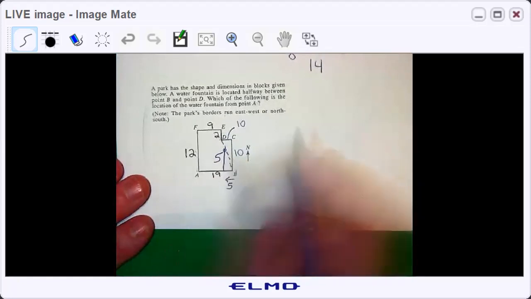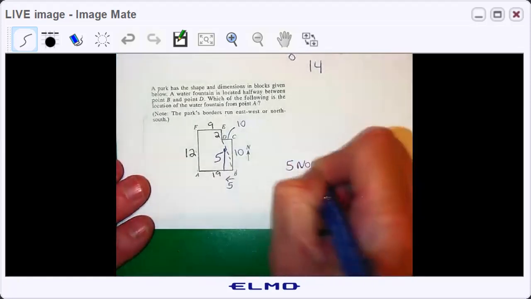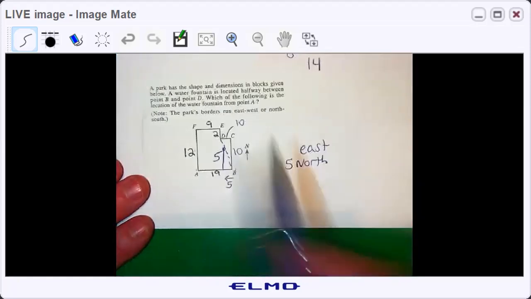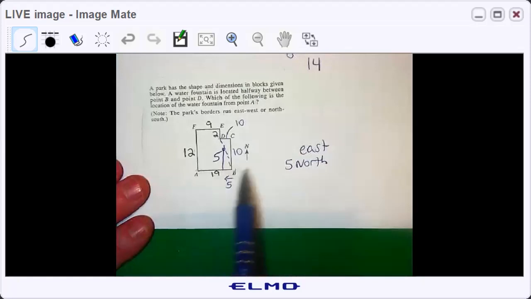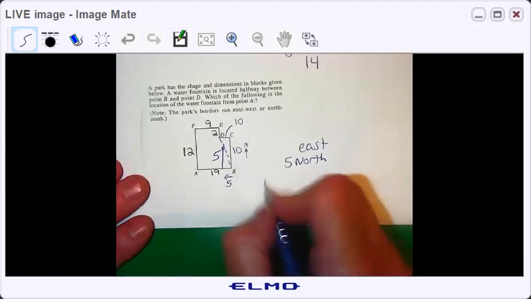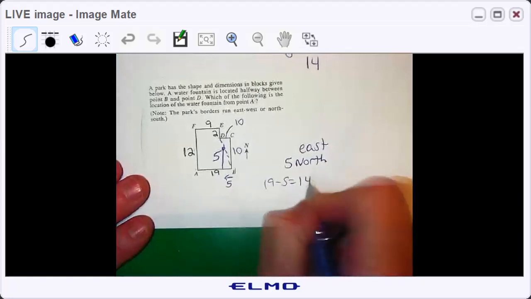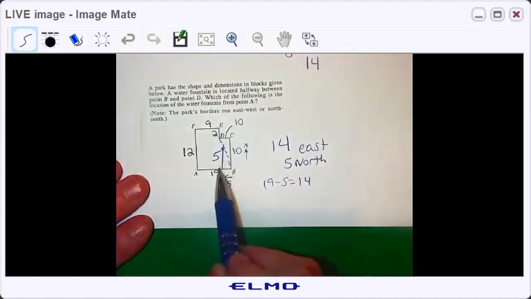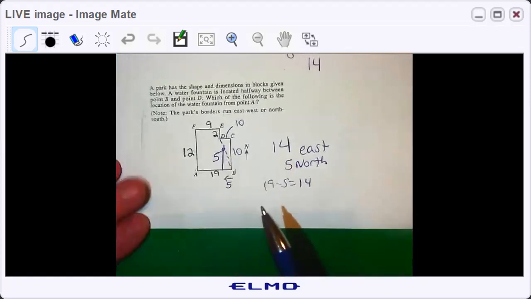So we know it's going to be 5 north. We can go ahead and write that down. We really need to find how much we're going east, just like before. Well, if from A to B is 19 east, and we're not going this extra 5, we can just do 19 minus 5 to get 14. So we would end up going 14 units east and 5 up north to get to that same distance.